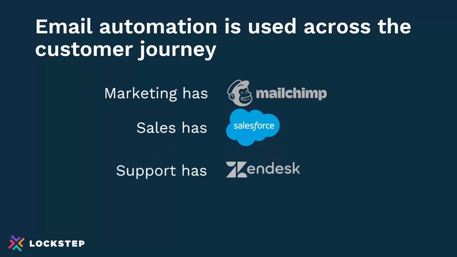Support even has Zendesk, where we just talked about that they're able to automatically send announcements, reminders, all kinds of things out. But then you get to accounting, and all they have is Outlook. It really is a customer-facing operation that should think about, how do we scale up communications, the right communications at the right time, just like all the other customer-facing organizations do.